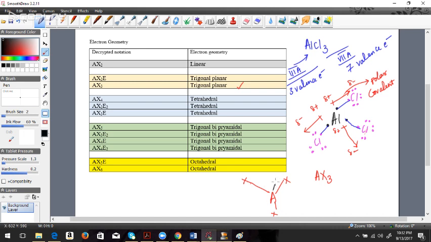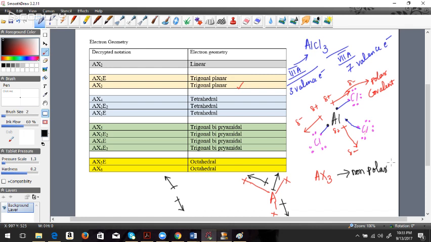Okay, this is my Cl and this is my Al, right? So there's 2 that are going this way and there's 1 that's going this way. So what essentially happens is these 2 have a collective going up and this one is going down. Because these cancel out, we say that the molecule is non-polar.